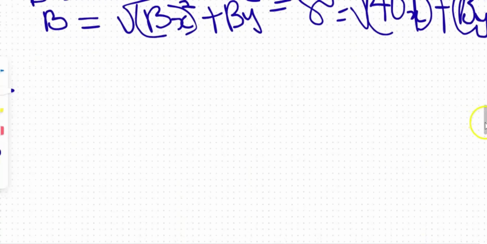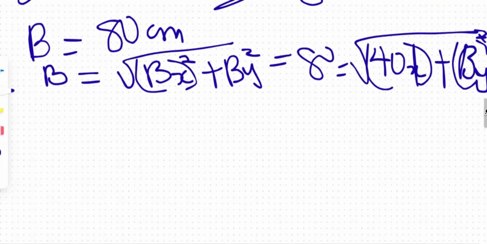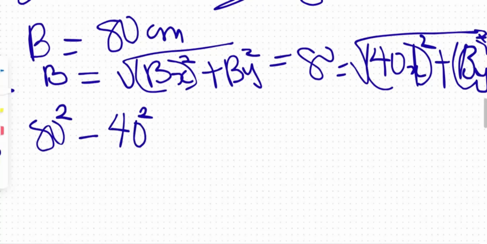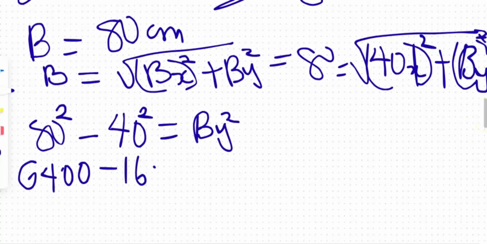So for us to get that value, we'll break out everything. It will be 80 squared minus 40 squared, which gives by squared. So 80 squared minus 40 squared, that is minus 1600, equals by squared.